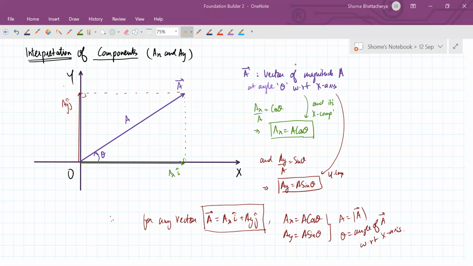Or if you drop a perpendicular from A's head onto the y axis, then this component it is cutting along the y axis, that is nothing but ay. So write down the definition, then we'll do some numerical examples and this will become perfectly clear to you.